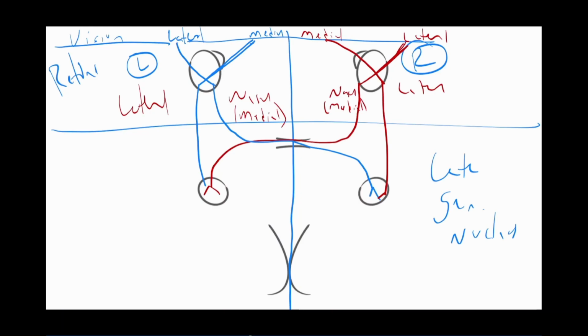So, what vision is going and crossing in the middle? What kind of vision? Lateral vision or medial vision is going through that optic chiasm? Lateral. Only the laterals, right? So, if I knock out that optic chiasm, and I draw some eyes here, what kind of vision am I going to lose in my left eye?